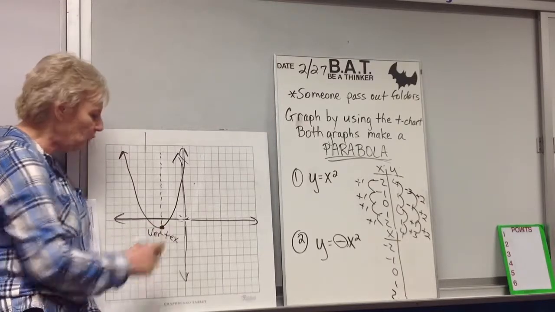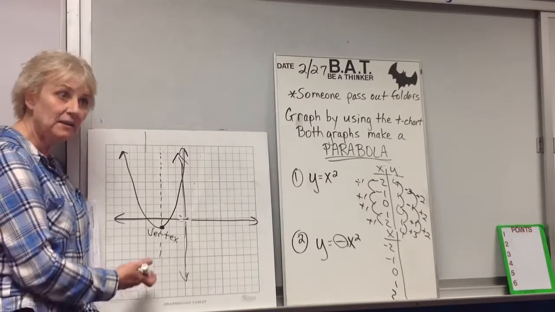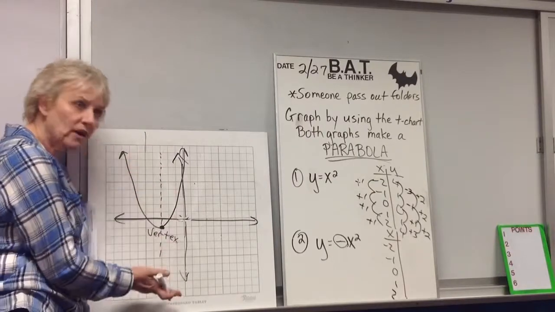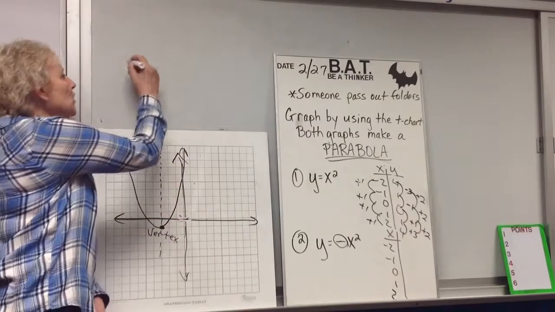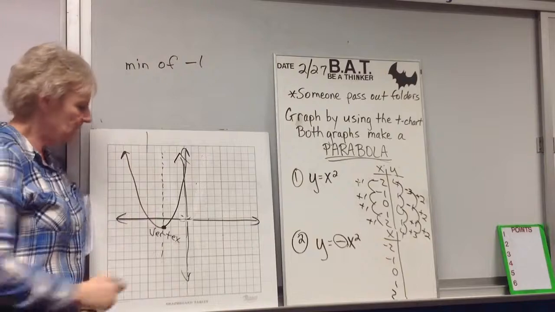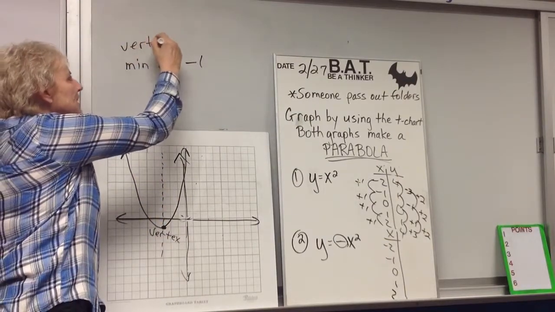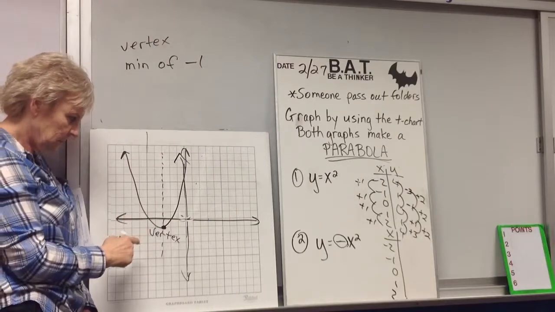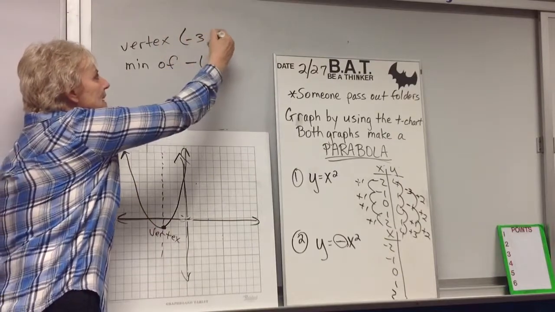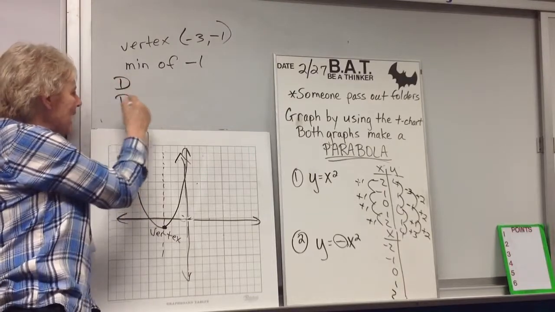Minimum value of what? Negative 1, right? It can't go any lower than negative 1. So, minimum of negative 1. Vertex is an ordered pair. What's the vertex here? Negative 3, negative 1.